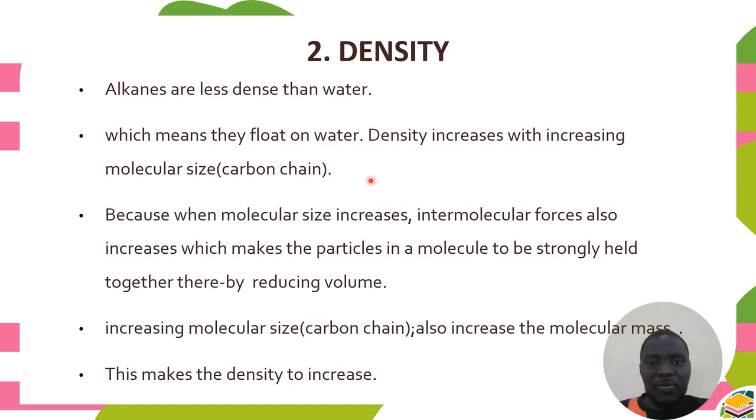These weak intermolecular forces will hold the particles together more strongly, and that is going to reduce the volume. As well, as we increase the carbon chain, we are also increasing the mass of the molecule. So increase in mass and reduced volume increases the density of a molecule.